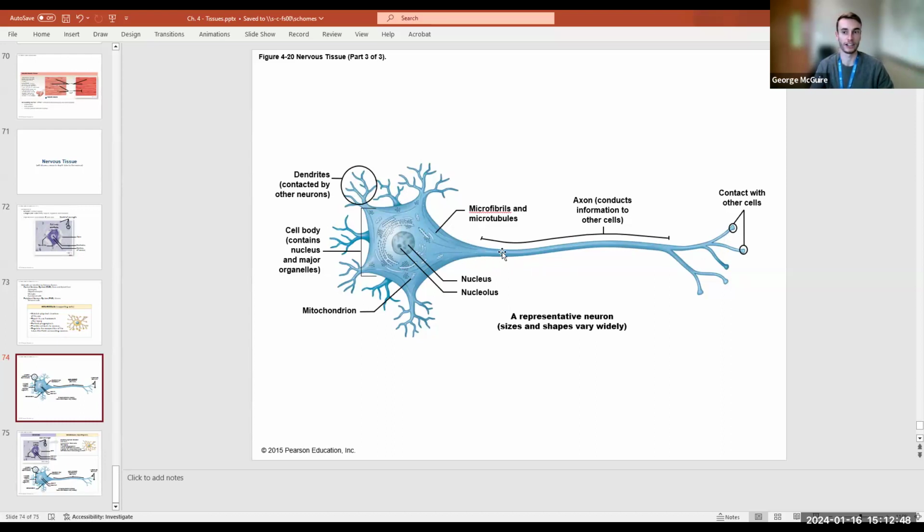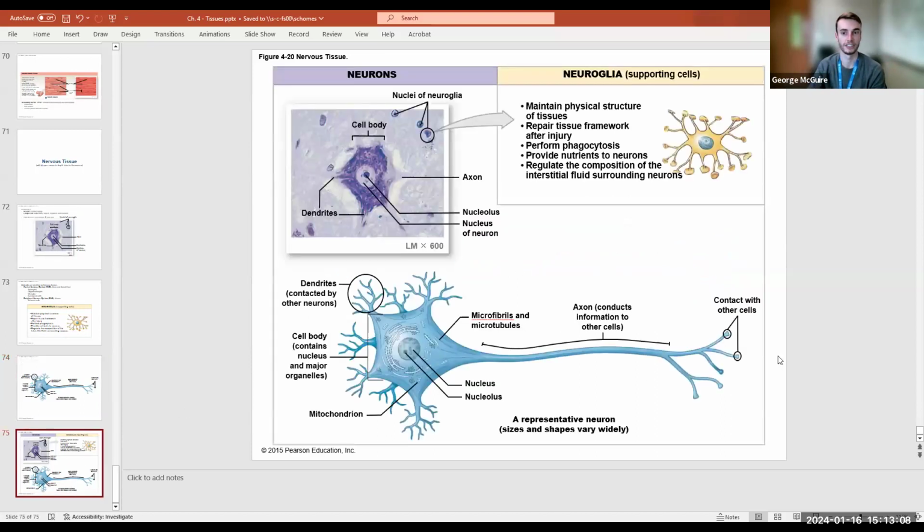And then we have our long axon, which is where the signal is going to be conducted. So it receives information from the dendrites, from the previous neuron, and then sends that information down its axon to the next one, sending signals throughout the entire body and receiving signals, sending them back to the brain from the entire body. And that is generally all you need to know here as far as the structure of a neuron. And those are the only specifics about nervous tissue for this chapter.